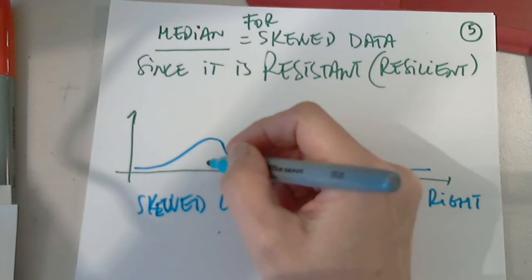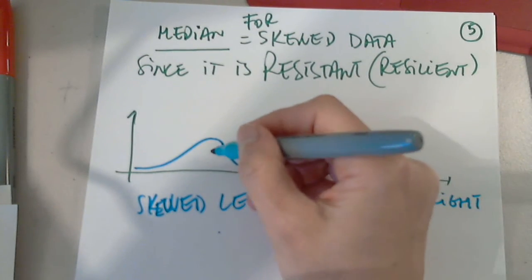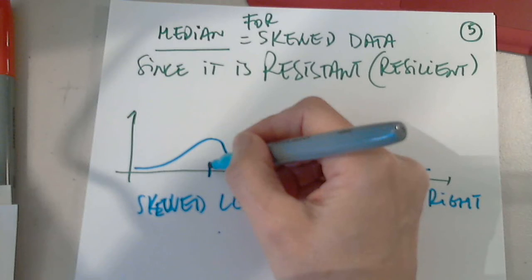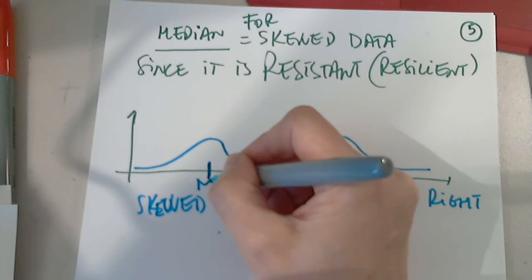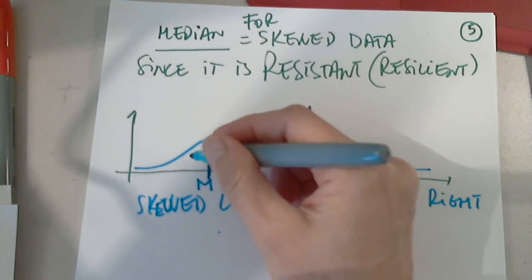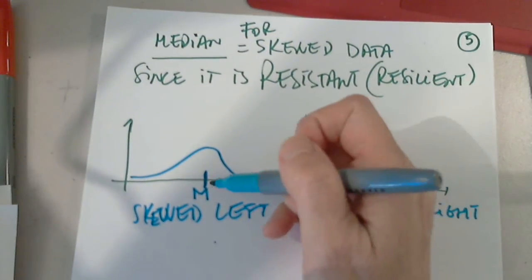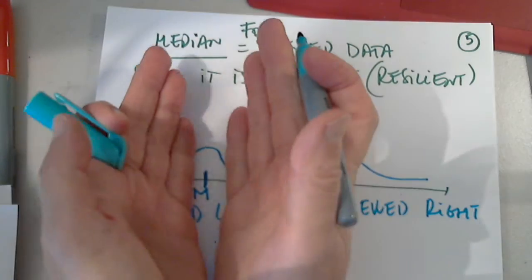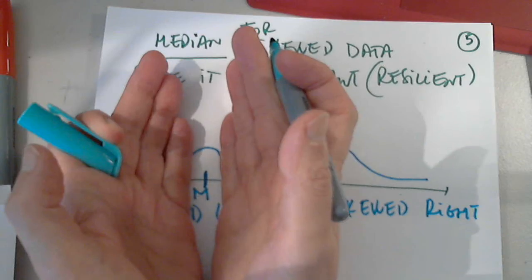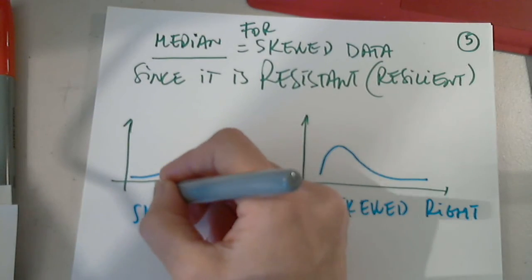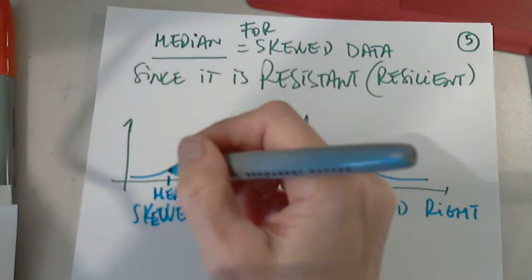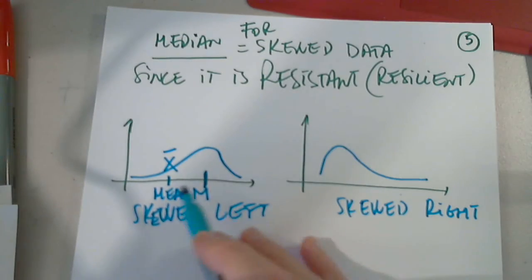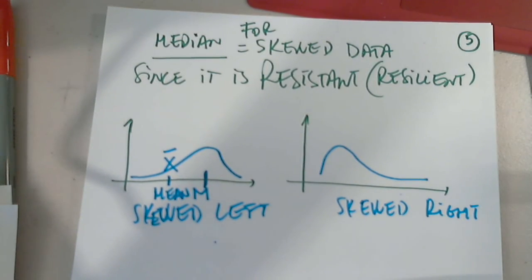The median in the skewed left distribution will still stay with the bulk of the data, and will still be a better measure of the central tendency. But the mean, I should have just put the X bar, will be pulled to the left. What does this mean?